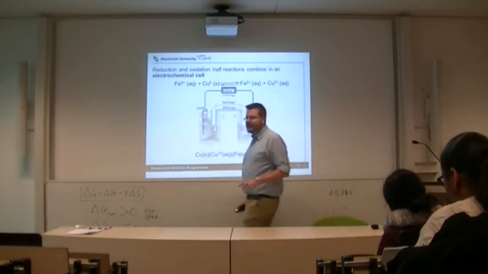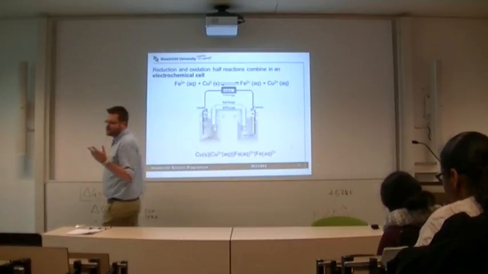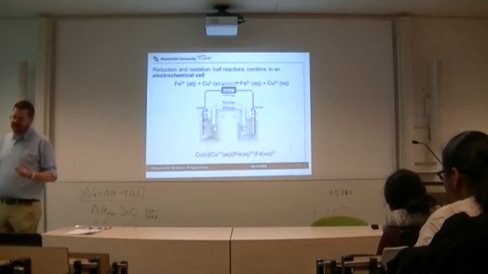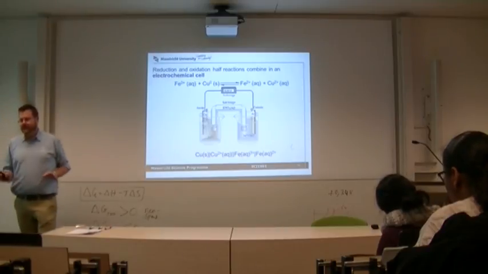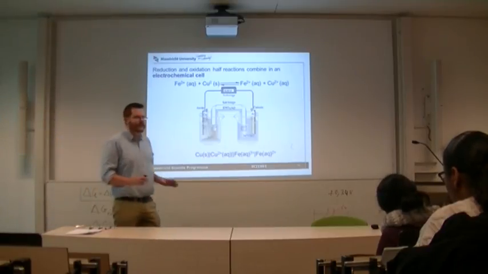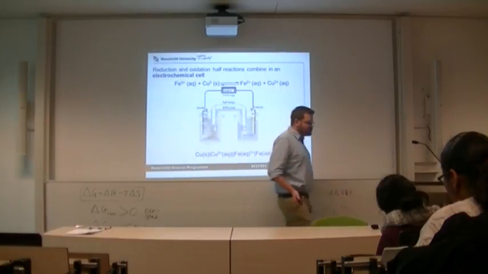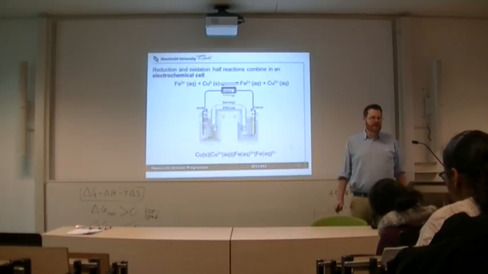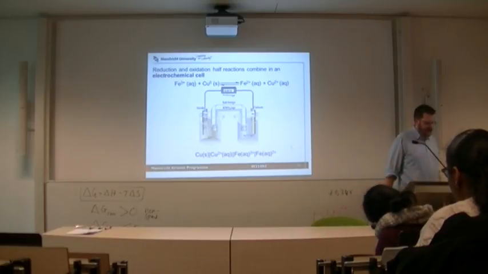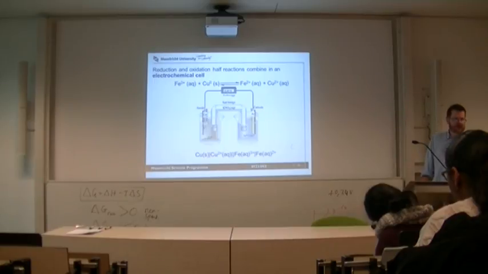For an electrochemical cell, in other words, a battery that's generating a potential, again, this is a very simple battery, ultimately. We write the relevant two half reactions, the oxidation half reaction on the left, the reduction half reaction on the right, with two parallel lines reflecting the salt bridge.